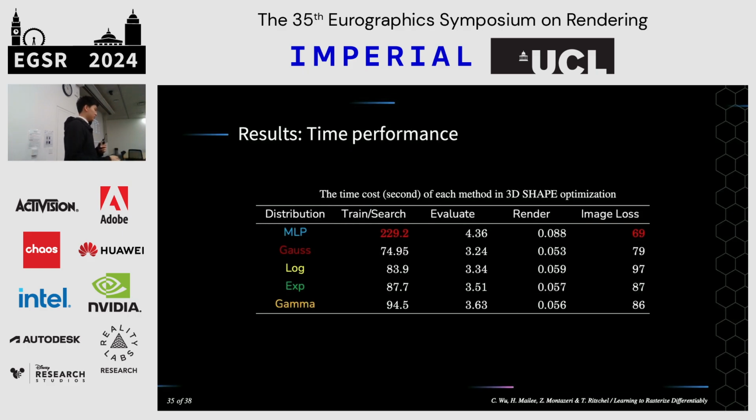And we also evaluate the time performance of our method, and we can see using MLP will cost more time on the training than researching a CDF. But actually, in an inverse application, we usually cannot know which CDF is the best choice. So we might probably need to search across multiple, like dozens of CDFs, and it will cost more time in total.